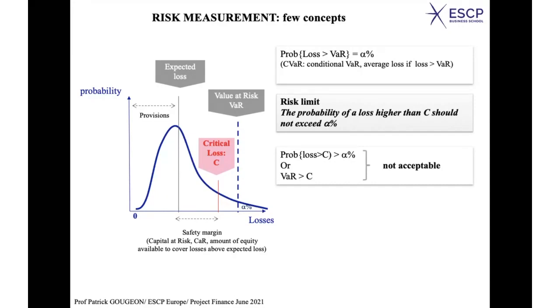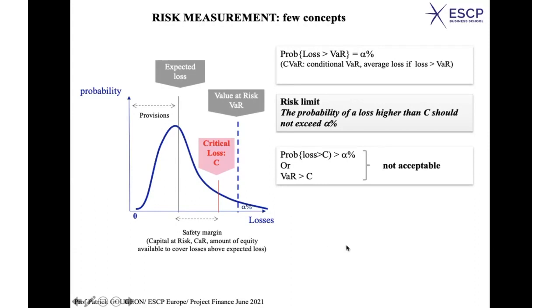Sometimes we calculate, and this is what you find on the slide here, the conditional value at risk. The conditional value at risk answers the question: if we are above the value at risk, what is the average value? So it is the average loss when you are beyond the value at risk. That's one type of indicator. But most often what is needed is a stress test.